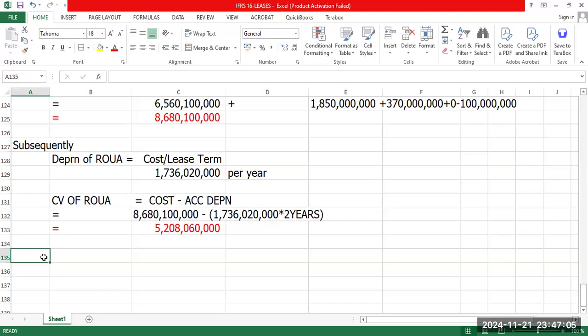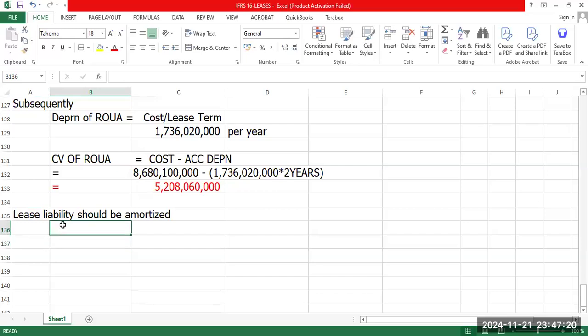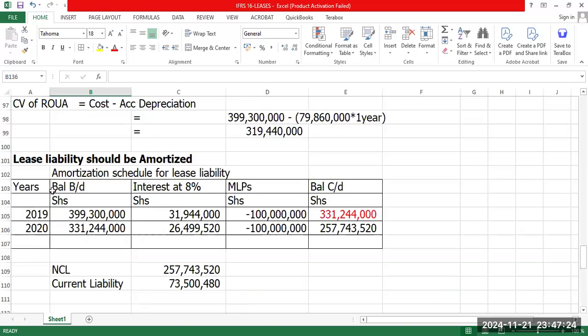So next, amortize. Lease liability should be amortized. This liability should be amortized, so we draw our amortization schedule.